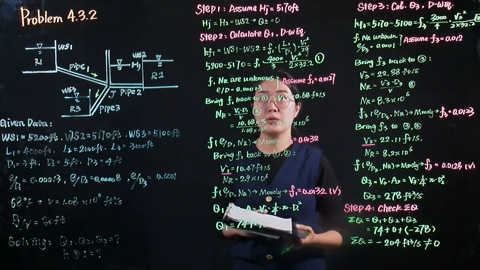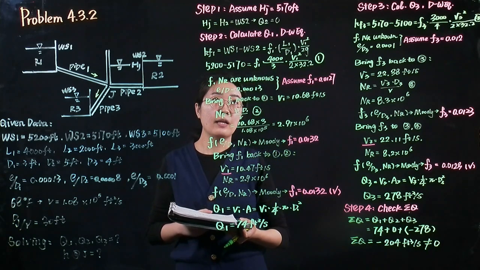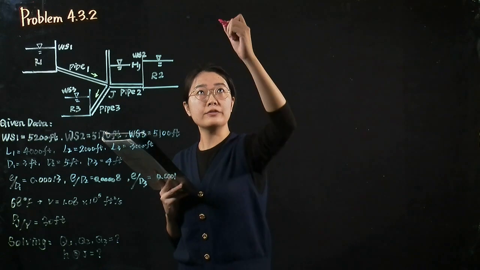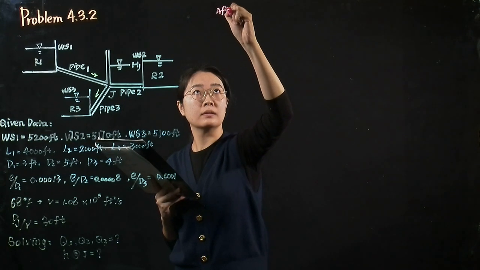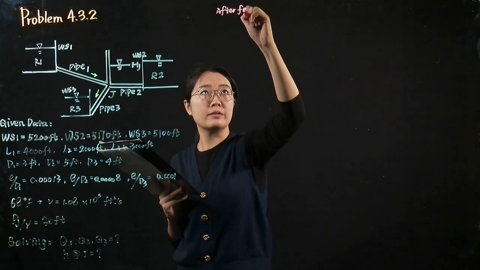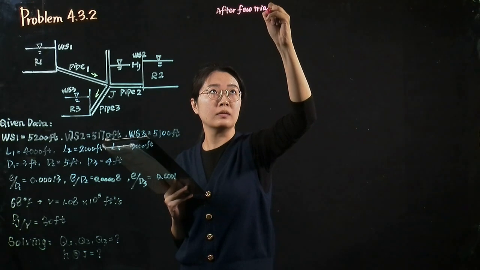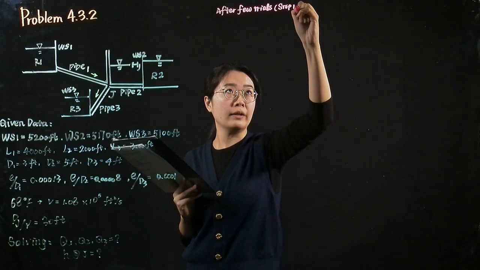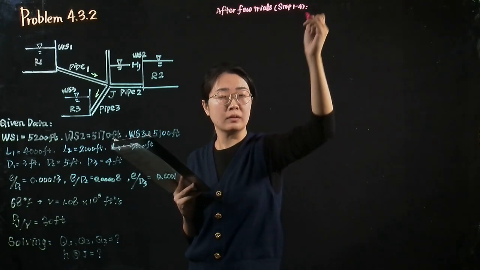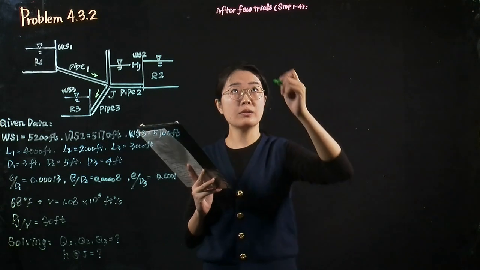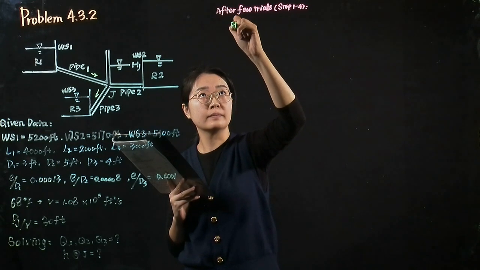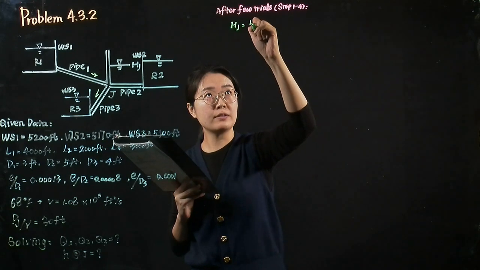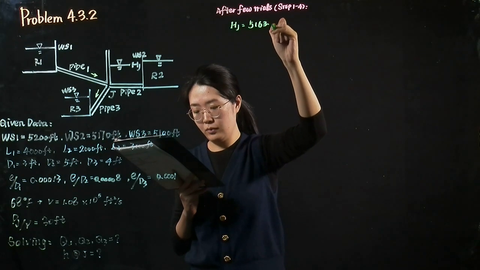Therefore, we need to assume a smaller total head at joint J. So after a few trials, which means repeating steps 1 to 4, we can get the total head at point J, which equals 5,163.5.